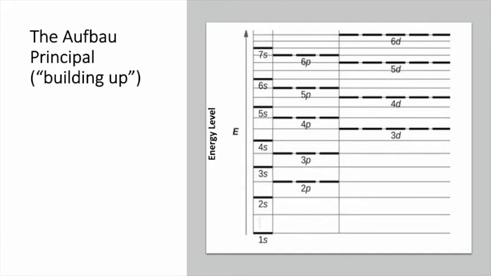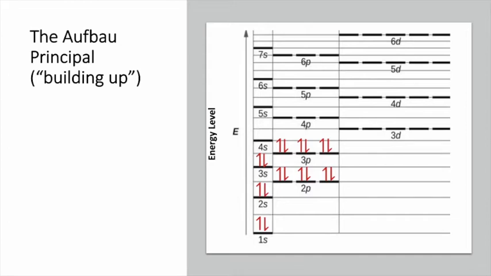For example, we'll put in the 1s electrons first, and then the 2s, and then the 2p, because those are in the next higher energy level. Then the 3s, then the 3p, and then things start to get a little different, because instead of going right to the 3d, it turns out that the 4s orbital is lower in energy than the 3d orbitals are.